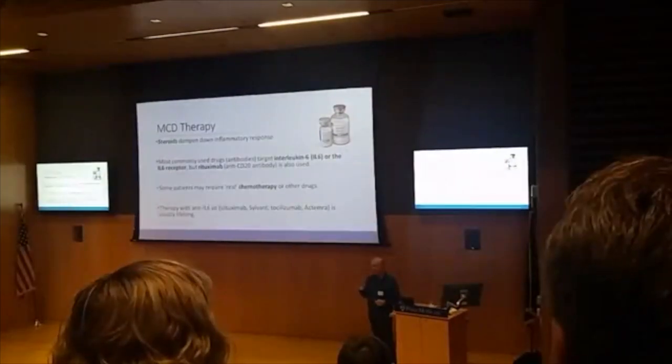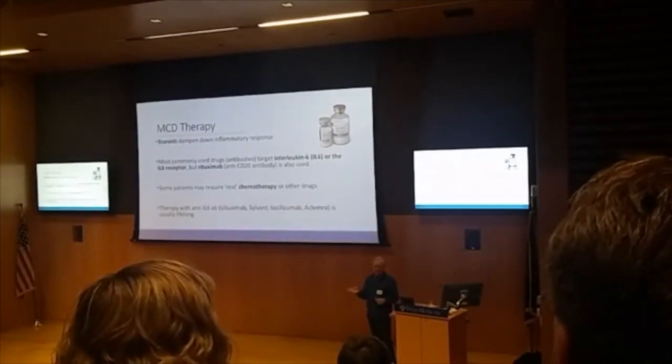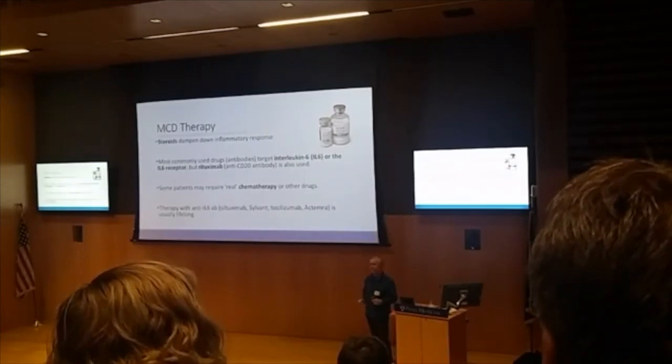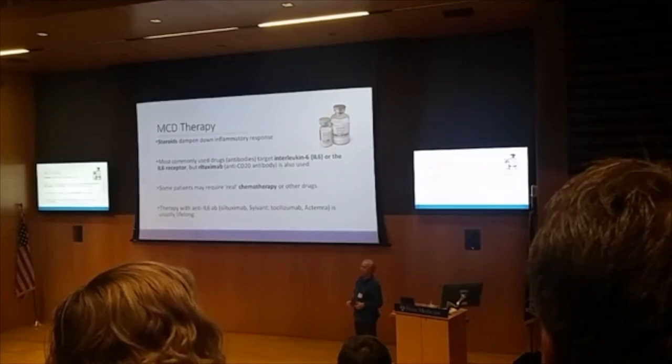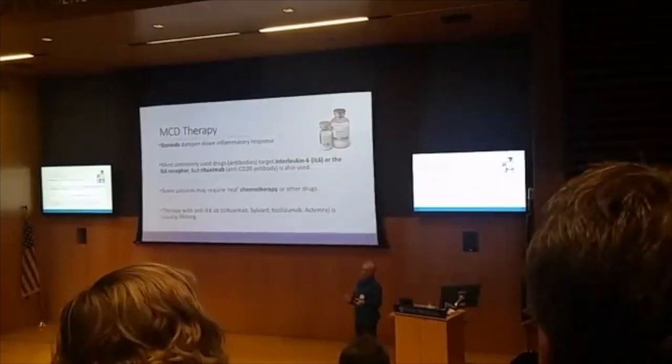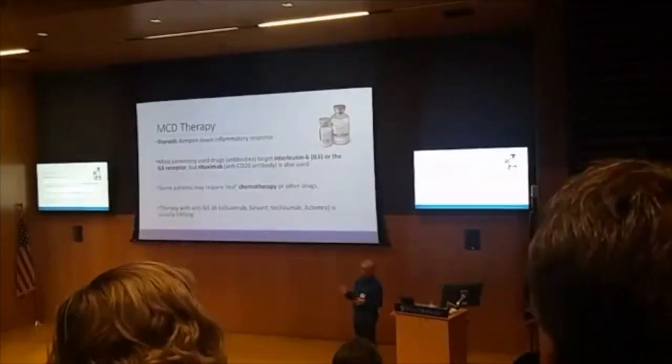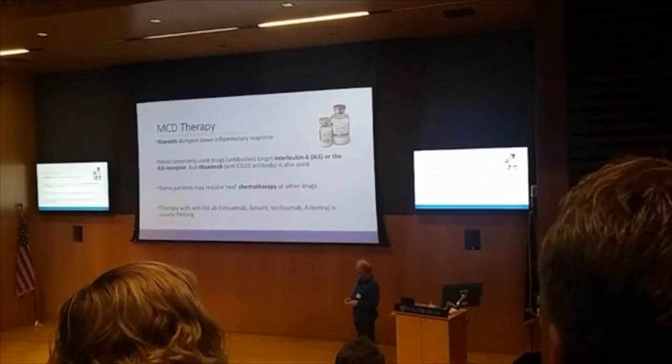They feel very comfortable giving it. And they say, well, siltuximab, Actemra, they start to scratch their head. Well, yeah, I've never given that to anybody. So a lot of oncologists who have not seen a lot of Castleman's disease really like to use the rituximab drug because they're so familiar with it. And the side effect profile is so well known.